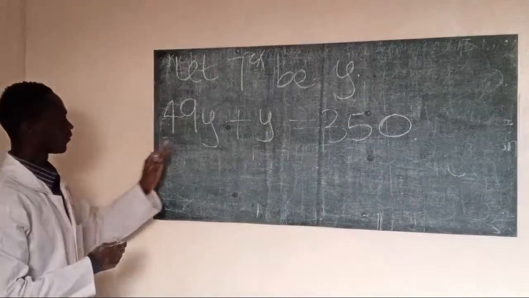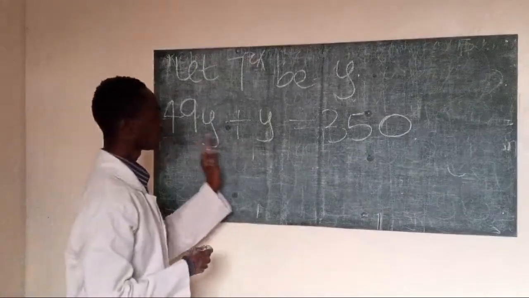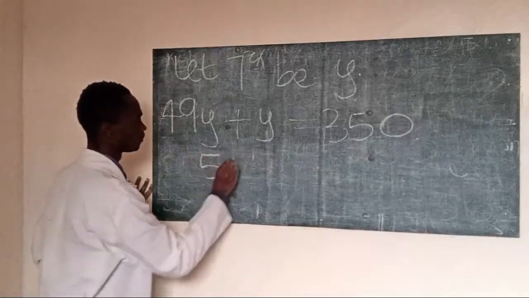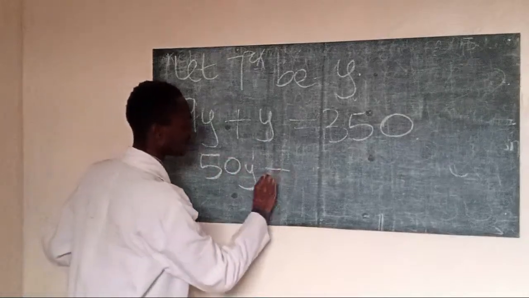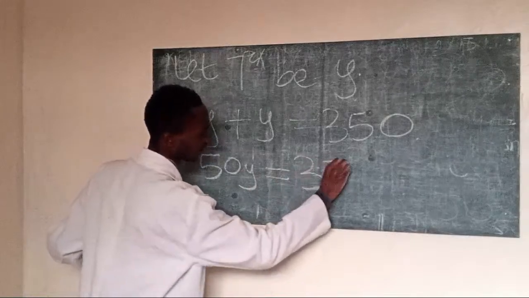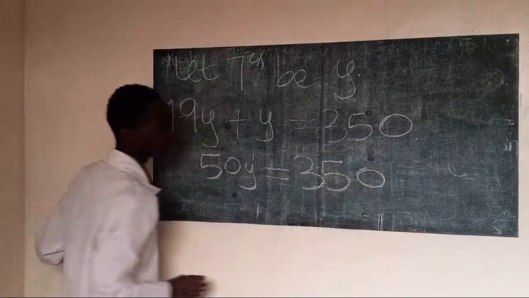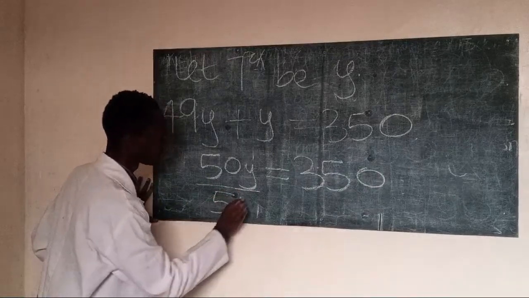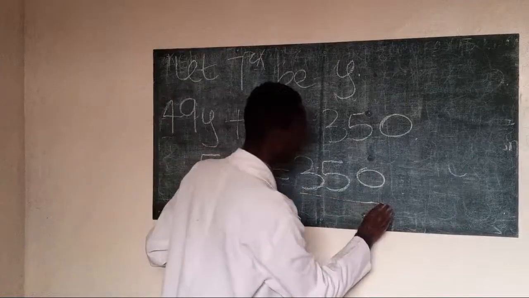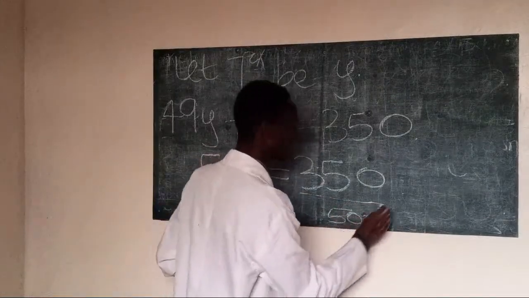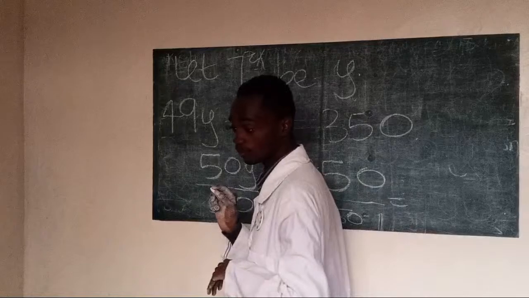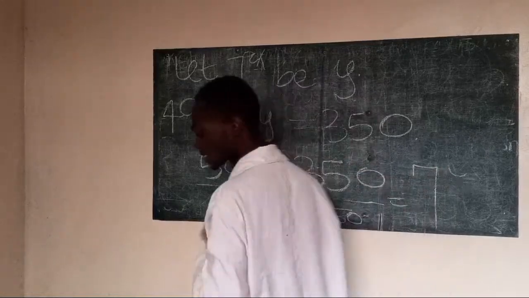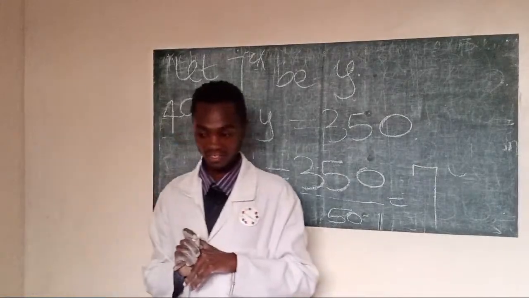Haya, 49y plus y, 50y is equals to 350. Divided by 50, you get y is equals to 7. Was the question asking us to find the y? Read the question again.